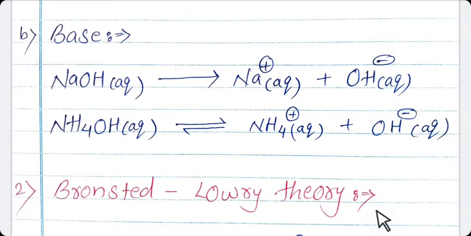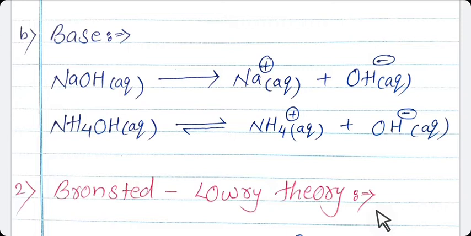Students, Arrhenius theory accounts for properties of different acids and bases and is applicable only to aqueous solution. But Arrhenius theory does not account for the basicity of ammonia and sodium carbonate, which do not have an OH group.